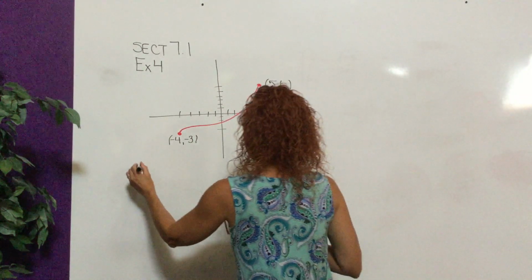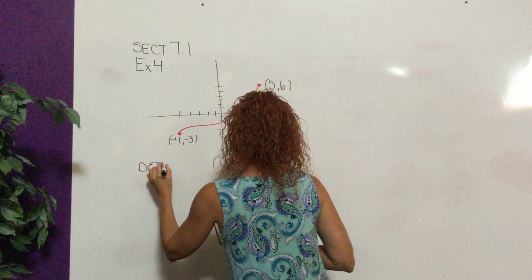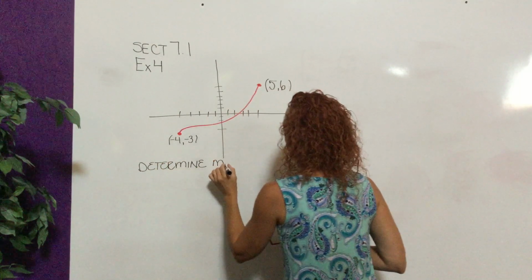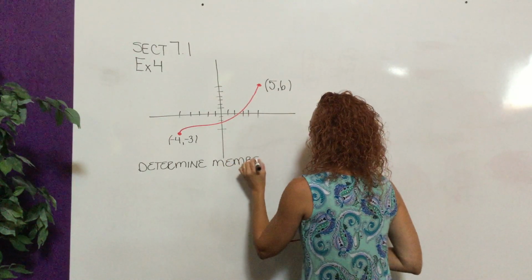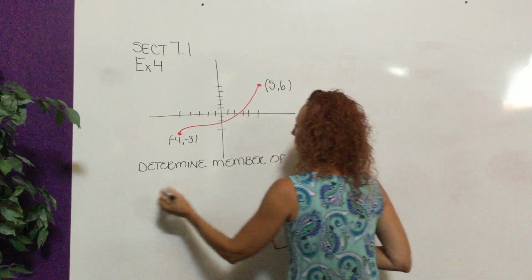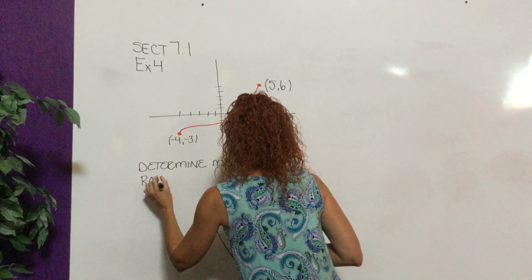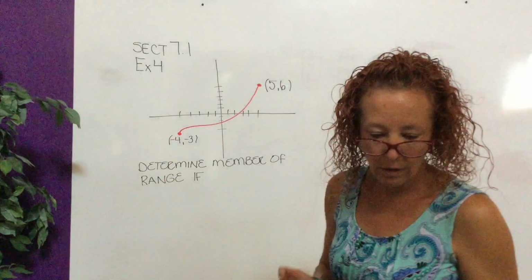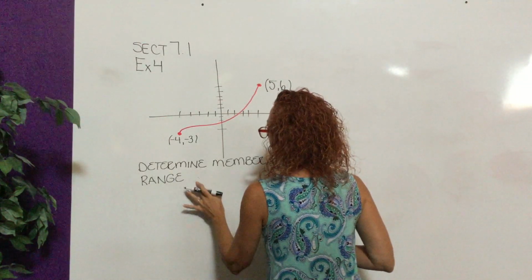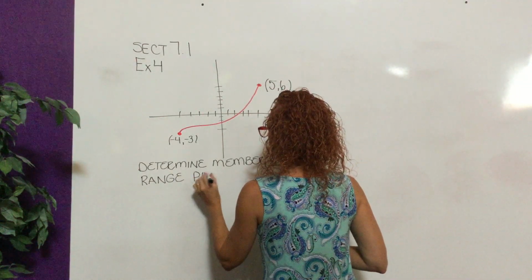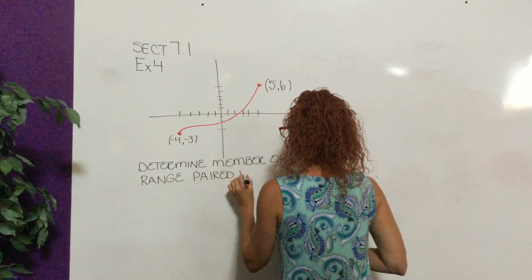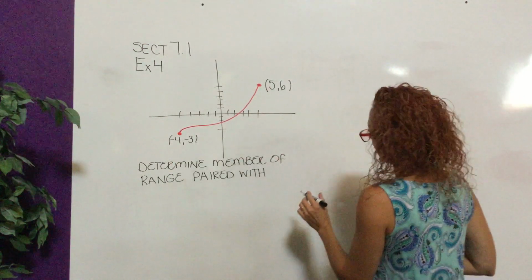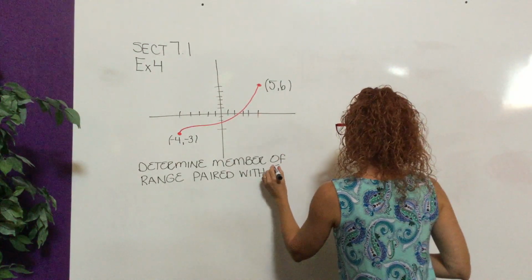So the instructions say determine the member of the range if paired with +5.